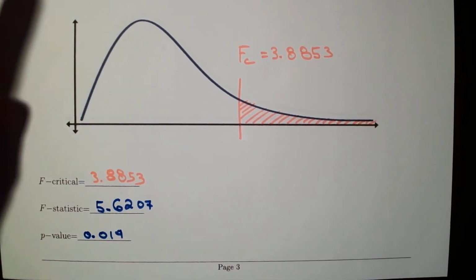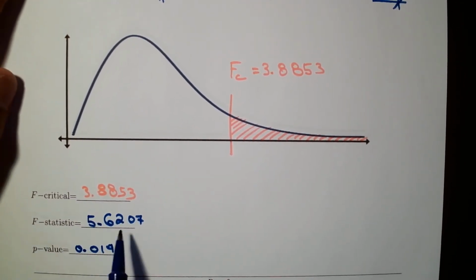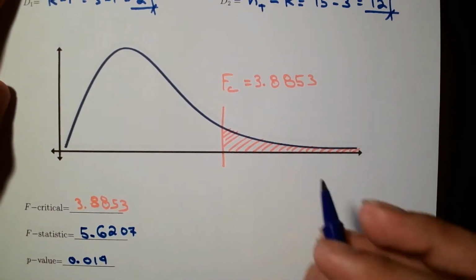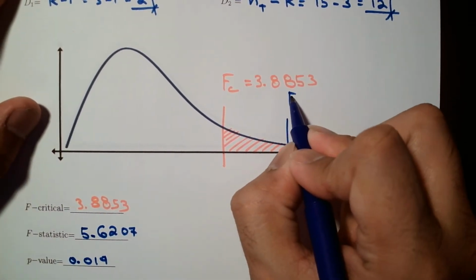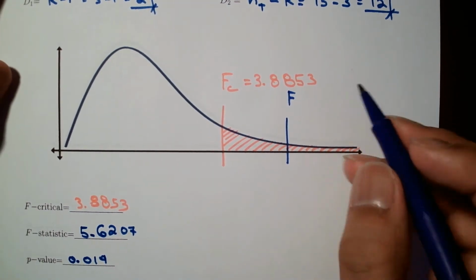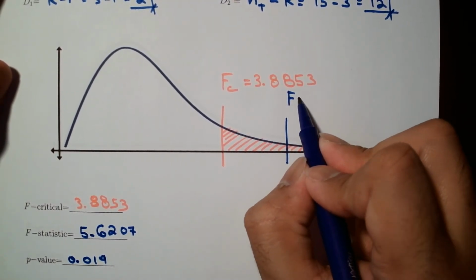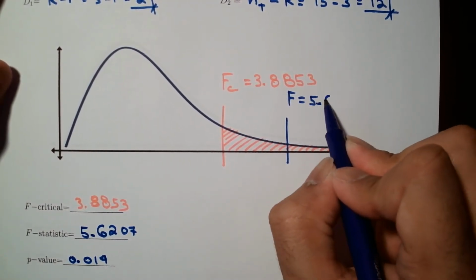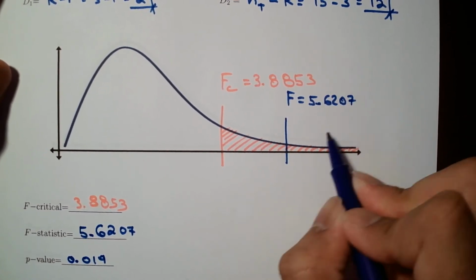All we have to do now is determine whether the F statistic 5.6 is bigger than 3.8, and indeed it is. So F equals 5.6207.